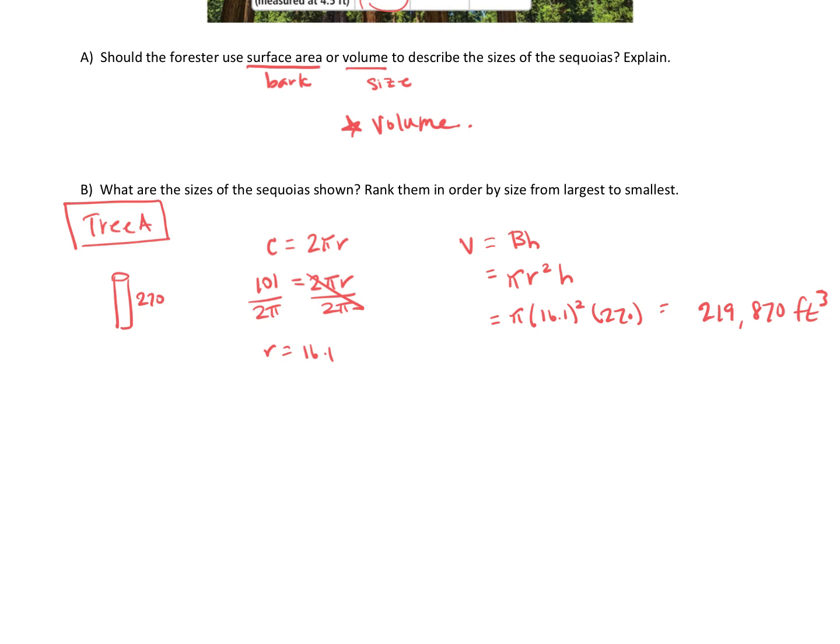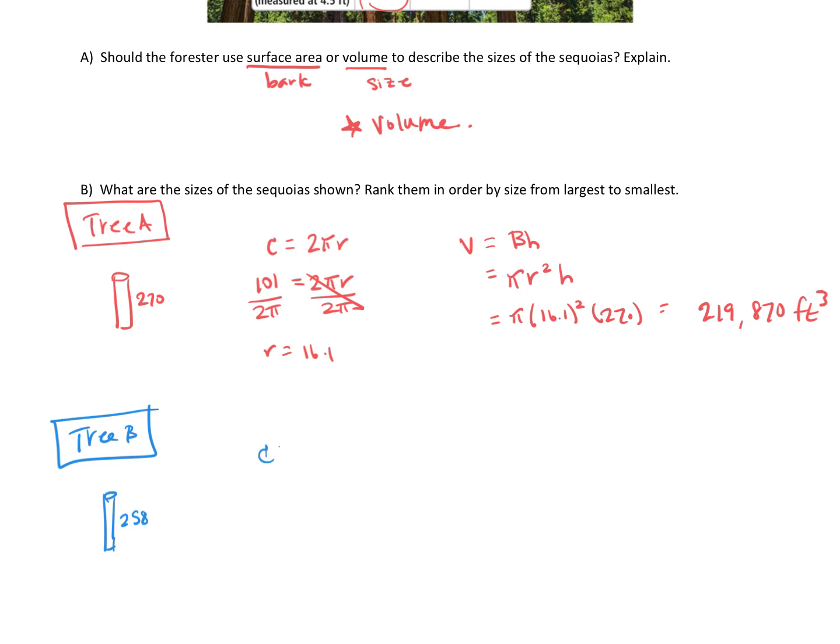All right, let's see how the other trees compare. Tree B. Tree B looks something like that. Tree B is not as tall. It's only 258 feet tall, so there's our height, and it has a circumference of 109.